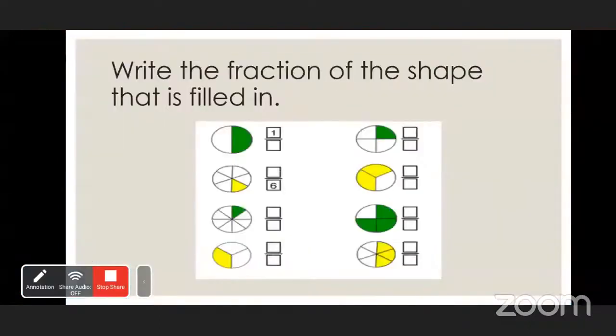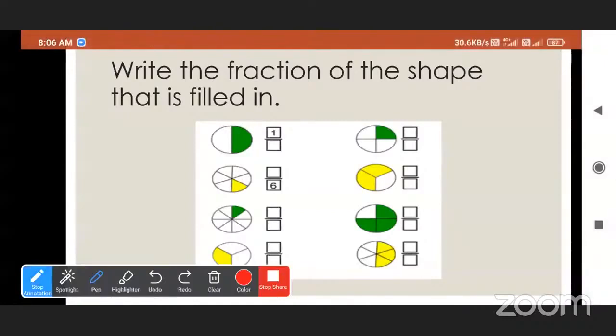See here. Now in this way, can we write the fraction of the shape that is filled in? Sir, 1 upon 1? See here, we have to write the total number of parts. In this picture, the total number of parts are 2.